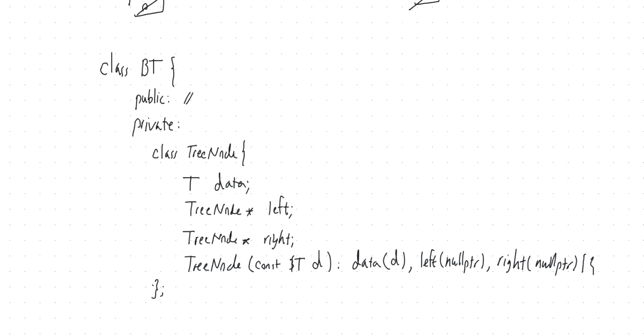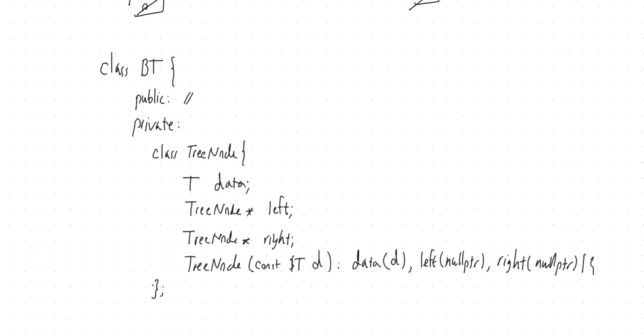Okay. Now, if you remember again from the linked list class, we had only one member variable. We said that in a linked list, the only thing that you need to know about the linked list is the address of the first node, because then from the first node, you can find out where the next node is, and then from that node, you can find out where the third node is, and so on. So because of that, we had only one member variable, which we called head, right?